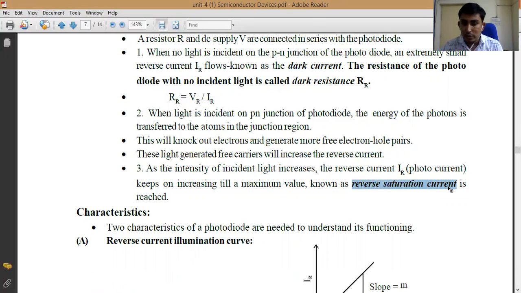As we discussed, as the intensity of the light increases, the reverse current also increases. So there are two characteristics of the photodiode.